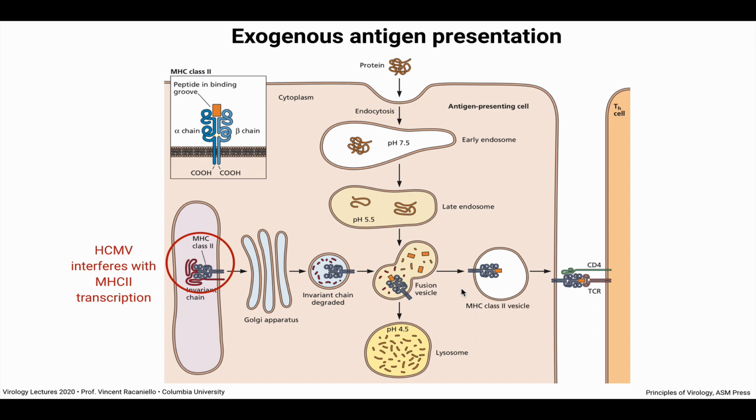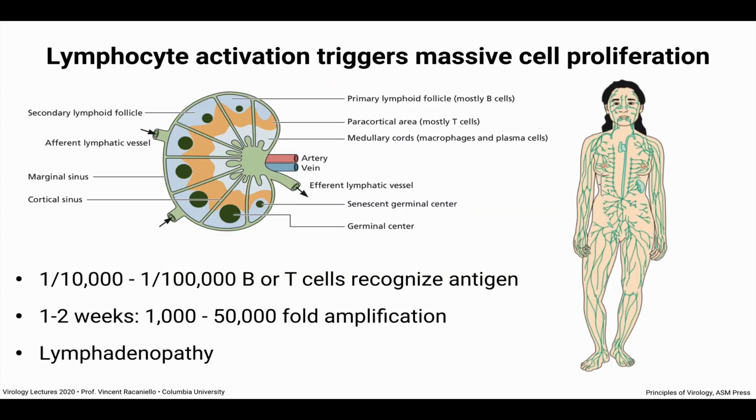The interrogation of the antigen presentation occurs in the lymph node, as I told you. Let's take a look at that in some detail. We have an extensive lymph system consisting of lymph nodes and lymph capillaries and lymph vessels, which are scattered throughout the body, as you can see here.